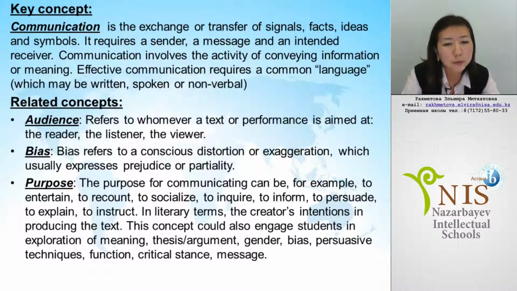The purpose for communicating can be, for example, to entertain, to recount, to socialize, to inquire, to inform, to persuade, to explain, and to instruct. In our case, it's to persuade. In literary terms, it is the creator's intentions in persuading through the text. This concept could also engage students in exploration of meaning, thesis, argument, gender, bias, persuasive techniques, function, critical stance, and message.